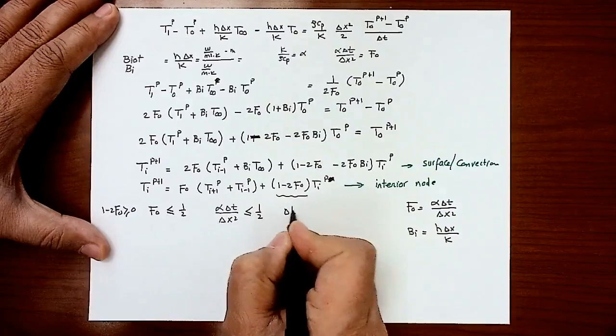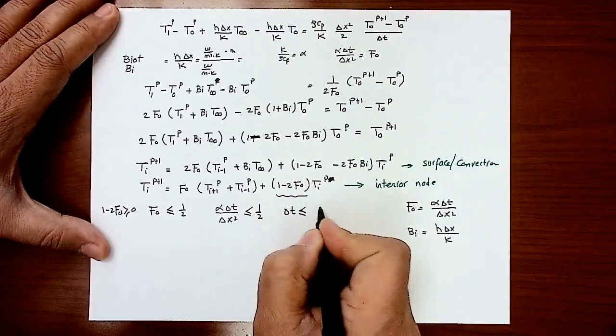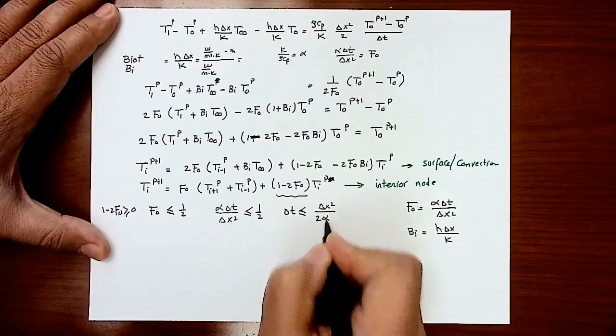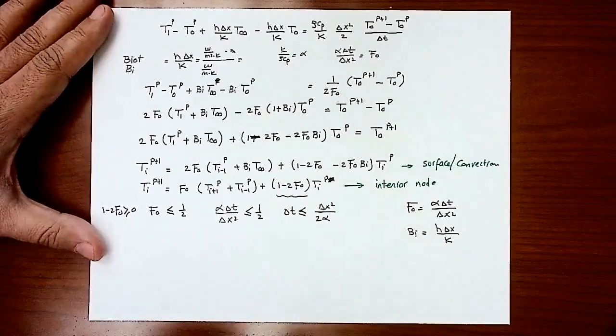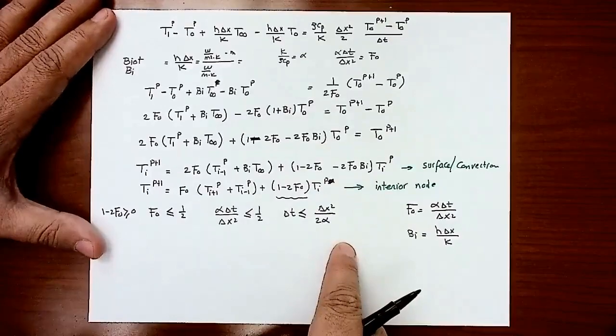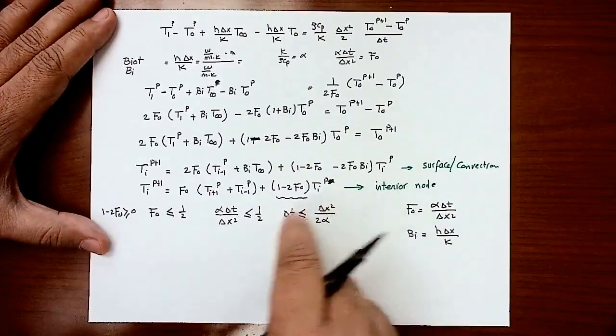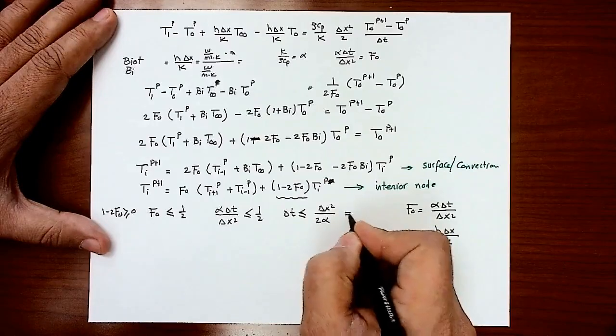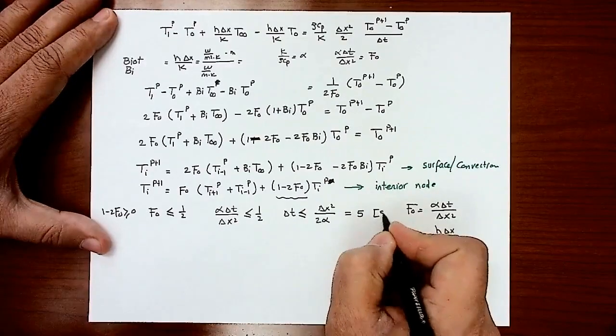So delta t can be calculated from delta x squared divided by 2 alpha. And this is what we did in the previous example. We know alpha is 10 to the minus 3, delta x is 0.1. I was able to calculate delta t to be less than or equal to 5 seconds.